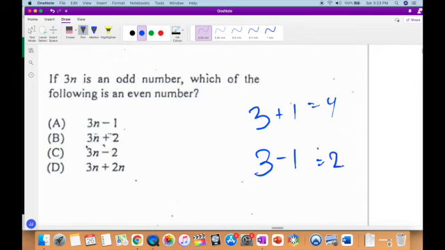In this case, if you had an odd number and you add 2, you'll end up with an odd number. We can see here that A is the best choice. So if I had an odd number, let's just say it was 3, and I minus 1 from it, I will get 2. So 3n is an odd number, not n, 3n. So the answer there is A.